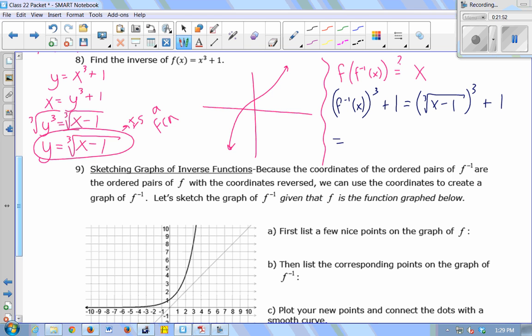So when you have a cube root cubed, those things cancel, right? My cube root and my cube cancel, so I get x minus 1, just what's under the radical, plus 1, which is x. So I composed them, and I got x, so I know my answer is right.